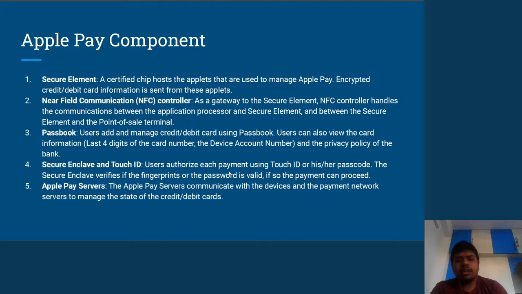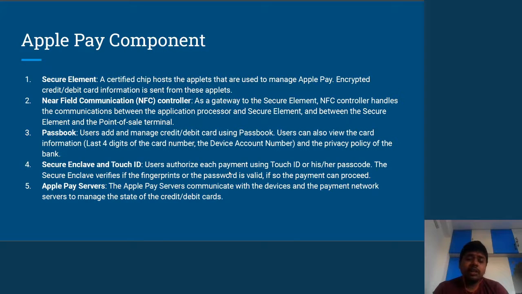The NFC controller acts as a gateway to the secure element. It handles communication between the application processor and the secure element, and also between the secure element and the point of sale terminal. Passbook is helpful to manage the credit card and debit card information. The user can also view the card information, actually the last four digits of the card, the device account number, and the privacy policy of the bank using Passbook.